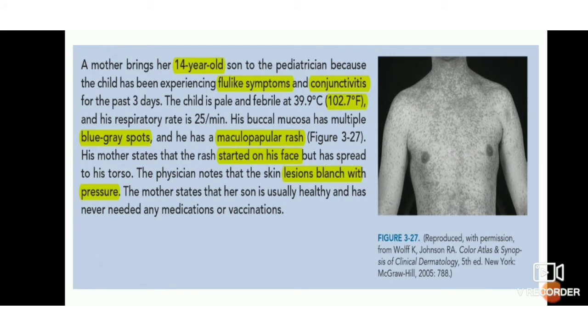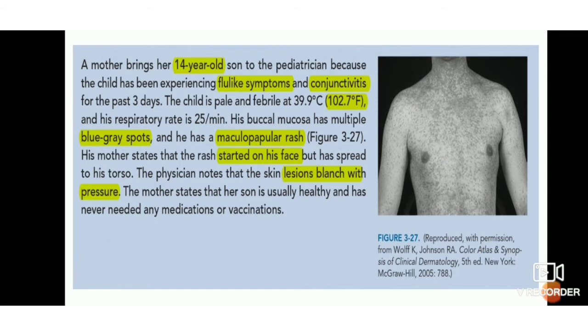Now, coming back to the case, we have to concentrate on the key points. The patient is a pediatric child, that is 14 years old. I say pediatric because many texts say that up to 14 years it is the pediatric population. The child has flu-like symptoms, conjunctivitis, fever, and blue-gray spots.